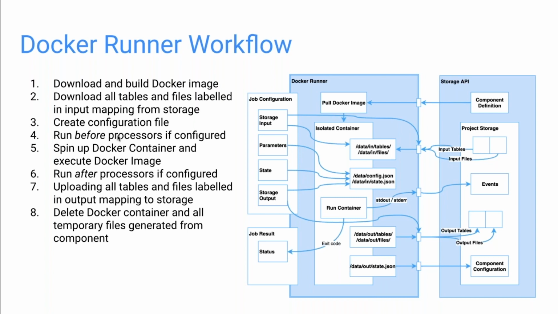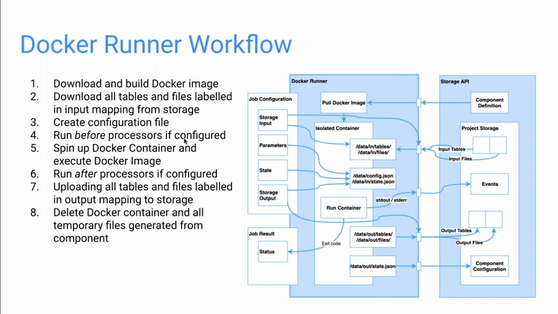Fourth, it will run before processors if configured. So remember when I mentioned there are 4 types of components, processors can be executed either before the component run or after the component run.